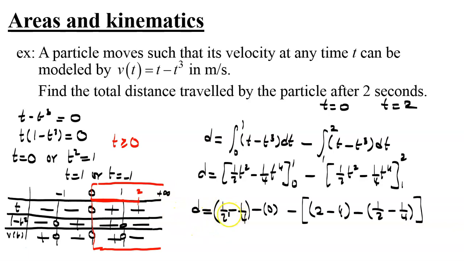Half minus 1 over 4 is 1 over 4 plus 1 over 4, that is a half. So I have a half plus 2, which is 5 over 2 meters, or 2.5 meters, because the distance here is given in meters.